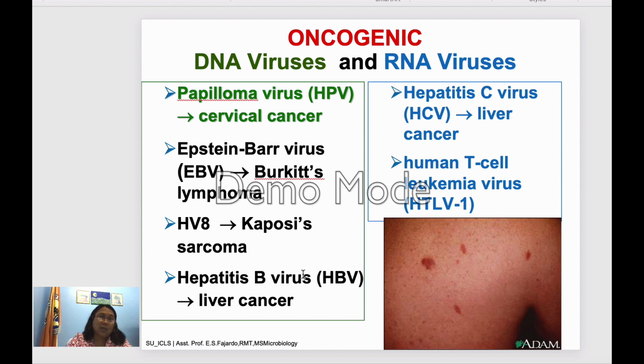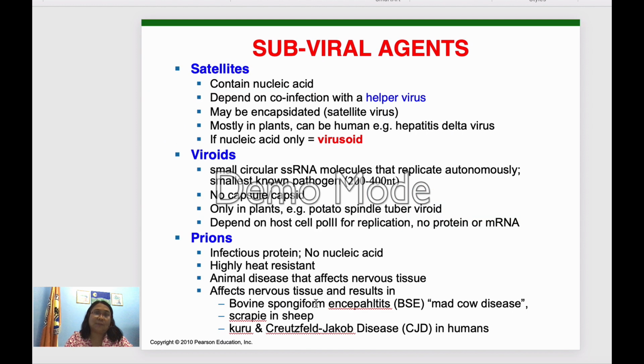And of course, hepatitis B, although it's not a higher percentage, can also succumb to liver cancer, just like hepatitis C, especially in fulminant hepatitis.